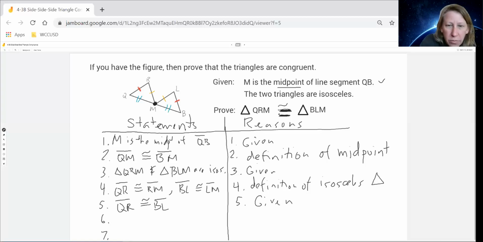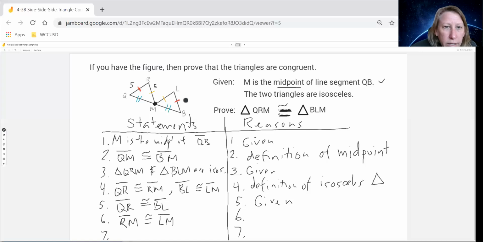Therefore, using something called the transitive property, I can say that line segment RM is the same as line segment LM. It might help you to think of it as a number. If QR is 5, then RM is also 5.